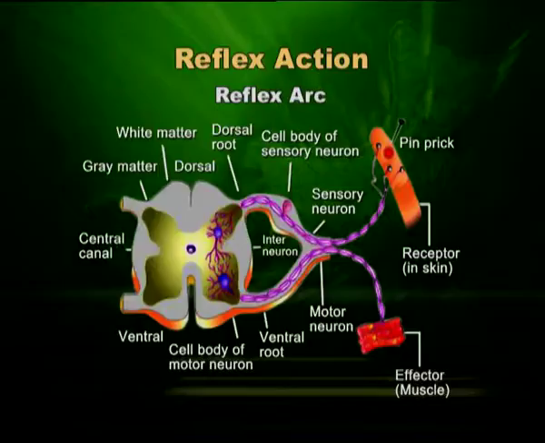So, I again begin the story with your finger. Your finger was pricked and then the stimulus was travelling through the axon and it reached the gray matter of the spinal cord, and after reaching the gray matter, the stimulus was transmitted through the synapse, through neurotransmitter, to the other nerve cell, and the other nerve cell took the stimulus and took it back through this neuron, then the axon, and again it is moving and going to the muscle, and this is also a muscle of your finger itself.